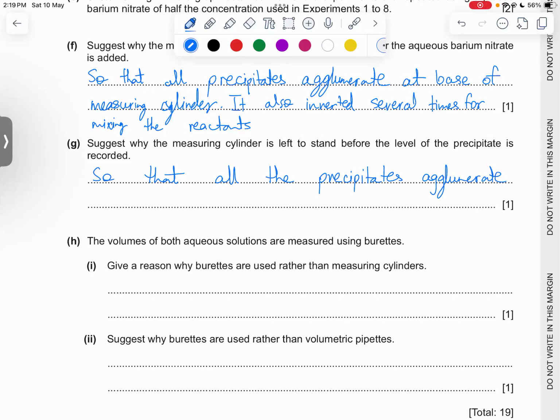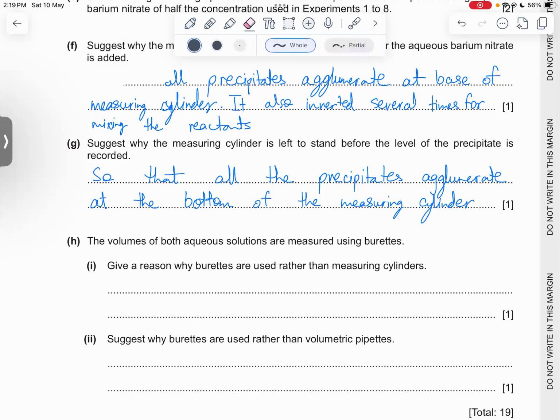If I'm using agglomerate over here, I wouldn't use it up above because that's not the style we like to go with. Don't use the same thing twice. Agglomerate at the bottom of the measuring cylinder. All right, we might as well just erase this.